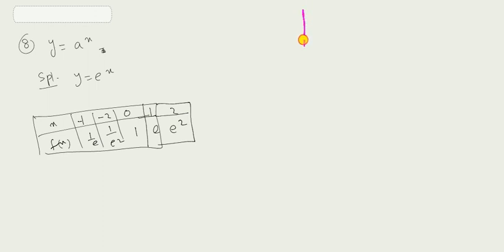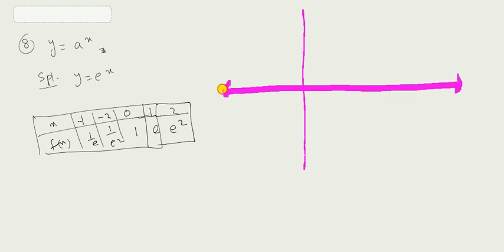Okay, so for that, I'll plot it in this manner. Now for 0 I will get the value 1, so let me mark those points. These are the points I am getting. This is minus 1, minus 2, this is 0, 1, 2, 3 and 4.